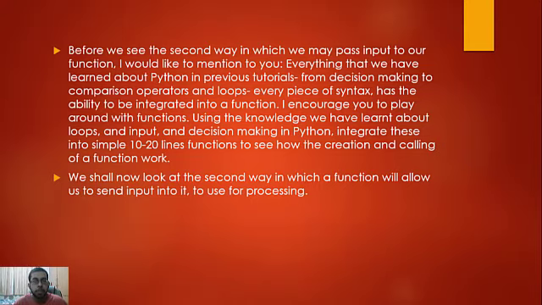I encourage you to play around with functions using the knowledge we have learned about loops and input and decision making in Python. Integrate these into simple 10 to 20 lines functions to see how the creation and calling of a function work.